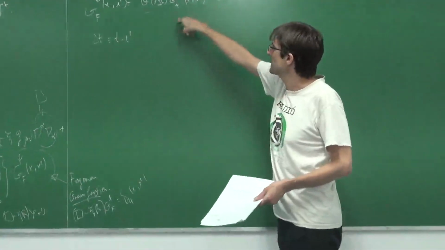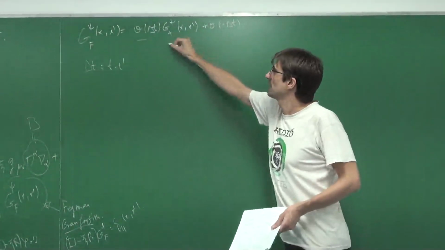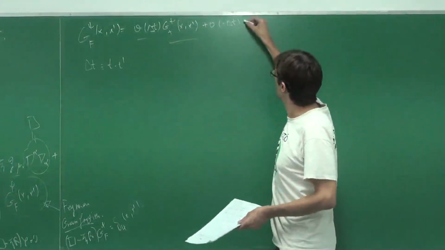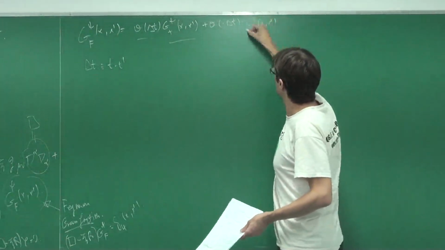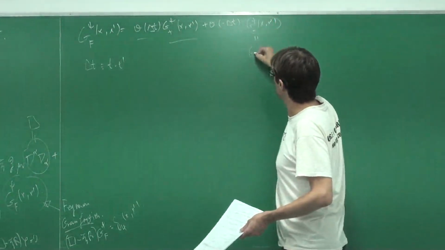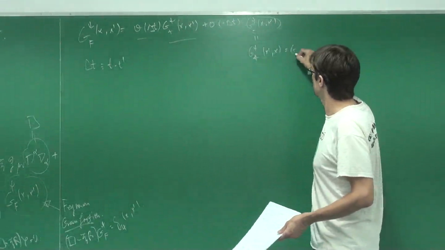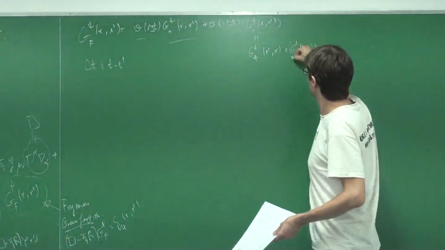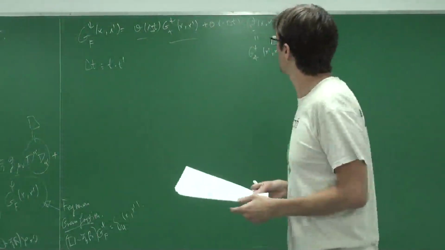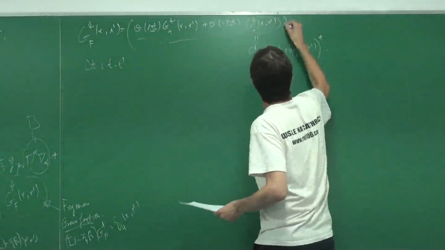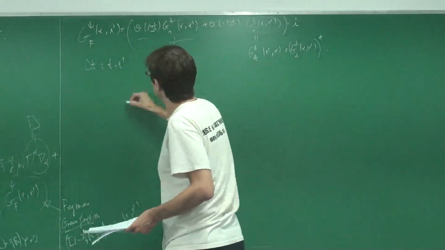So if x lies to the future of x prime, you take this, and otherwise you just take what we call G minus, which is just G plus with x and x prime swapped, which is in fact the complex conjugate of G plus, or a factor of i multiplying all this. Now, this G plus is the Feynman function.